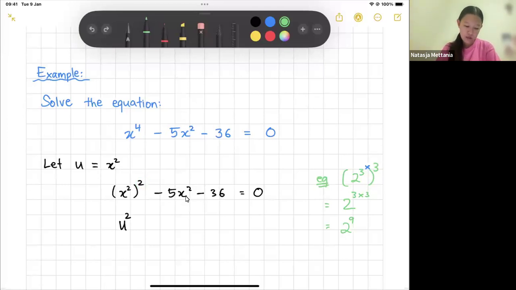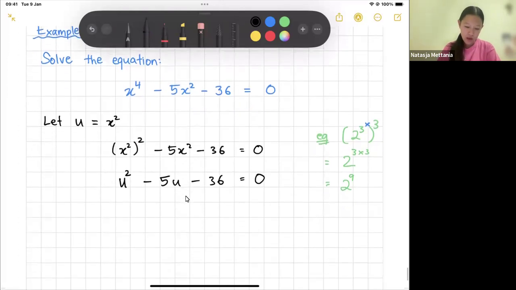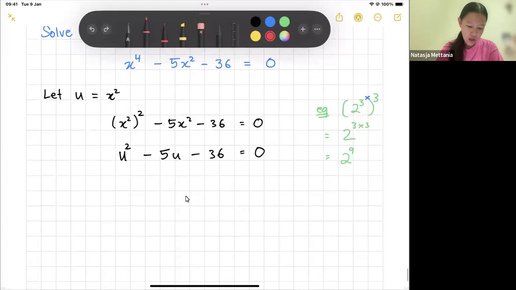Then I'm going to go minus 5u minus 36 equals 0. Now my highest power here is 2, and that's what I wanted, because it's a quadratic equation. Because it's a quadratic equation, I'm going to use PSF because that is one of the methods to solve a quadratic equation.